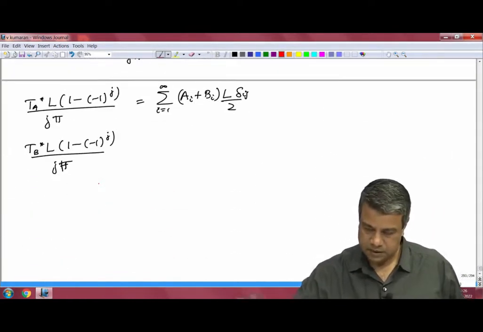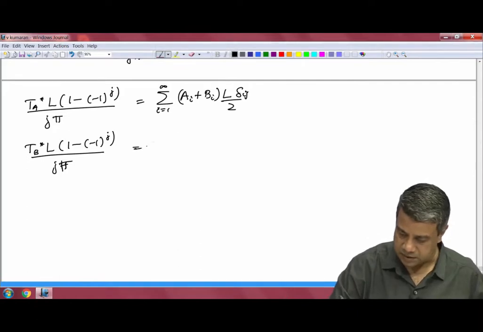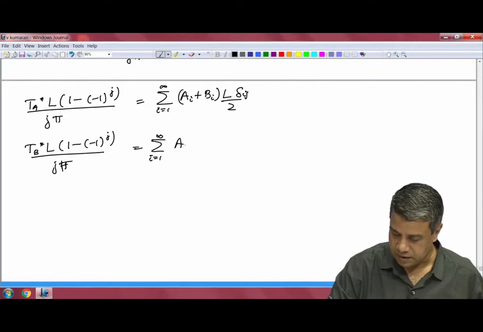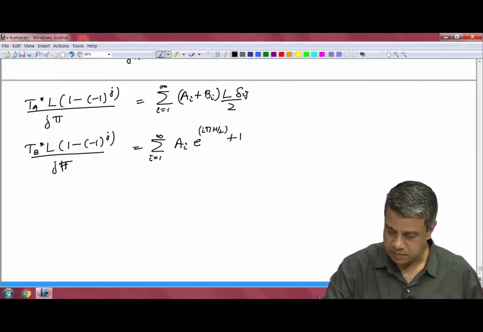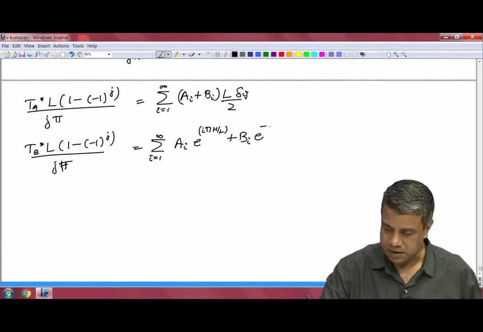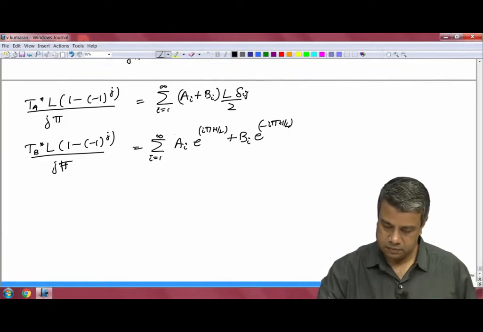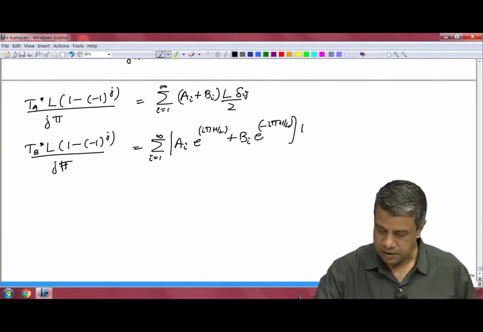And this one I will have summation i is equal to 1 to infinity of Ai e power i pi h by L plus Bi e power minus i pi h by L into L delta ij by 2.